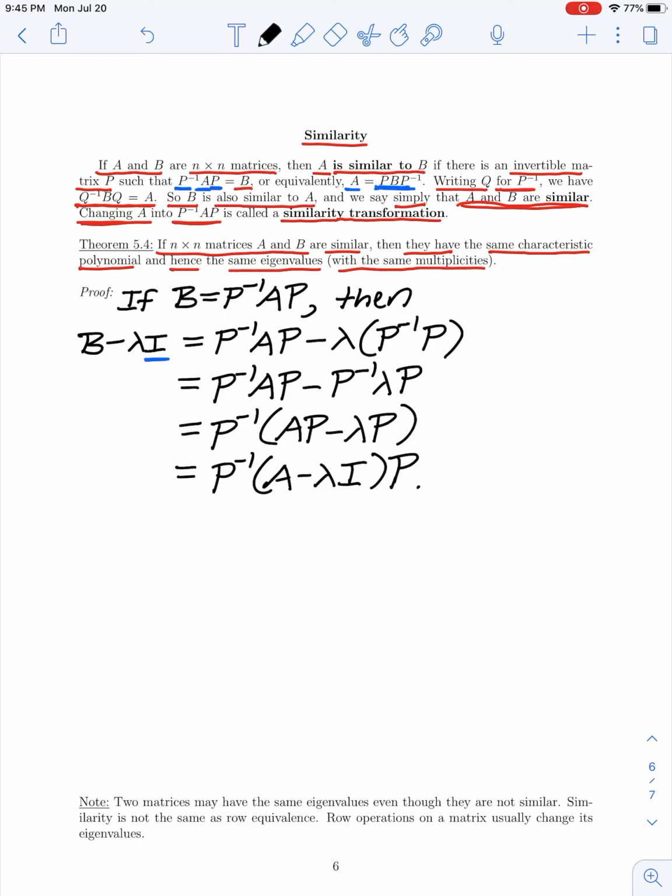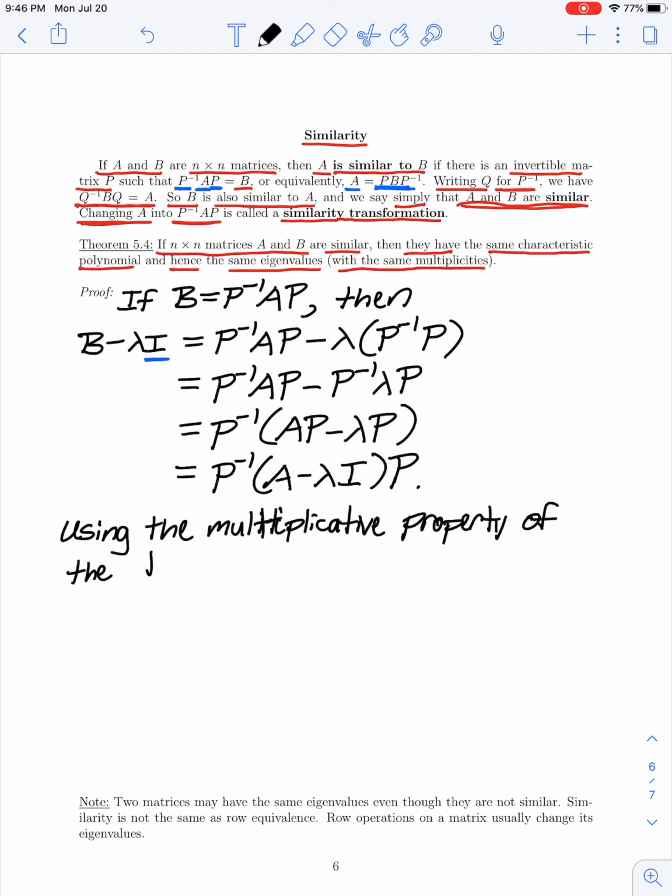So now, taking the determinant of both sides and using the multiplicative property of the determinant, we have the following.